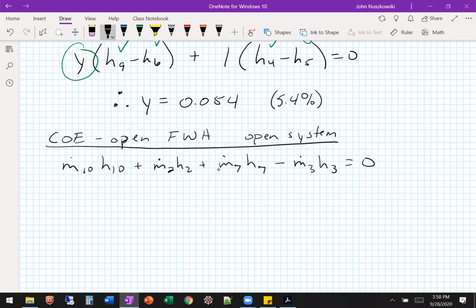They're all just mixed together, okay? So we'll just divide from here by mass flow rate 5. All right, so 10 divided by 5 is what? Z.